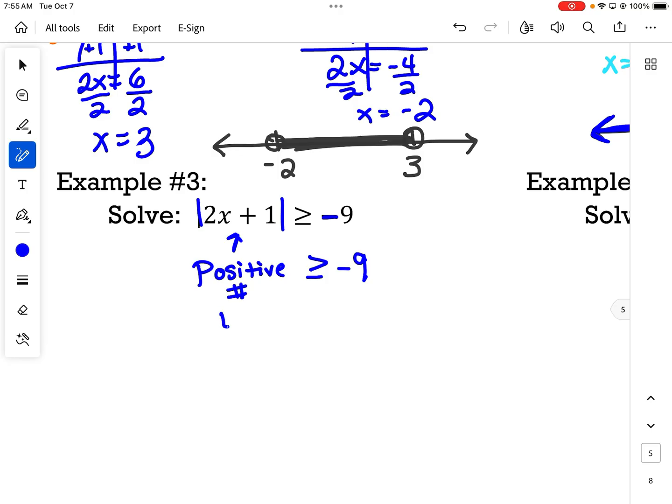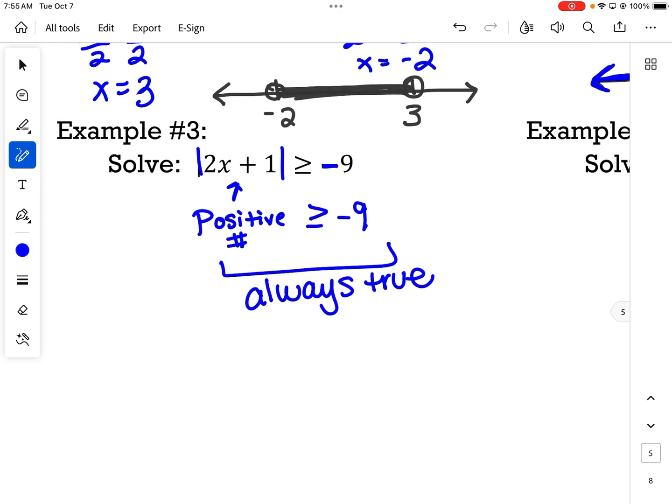So this is always going to be true. Because every absolute value that I find is going to be a positive number. So even if I plug in x at negative 10, it'll still come out to be positive because that's what absolute values do. So this is always true.